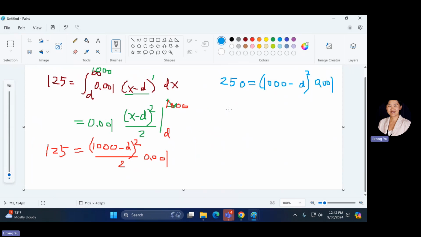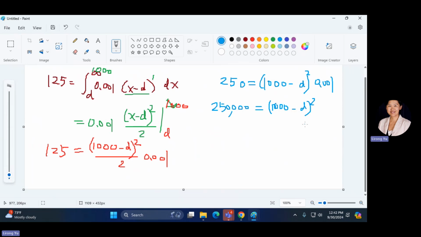Then you divide both sides by 0.001, which is the same as multiplying by 1000. If you divide by a really small number, you make your number bigger. Then you square root both sides of the equation, and take 1000 minus that value, and that's the d value.